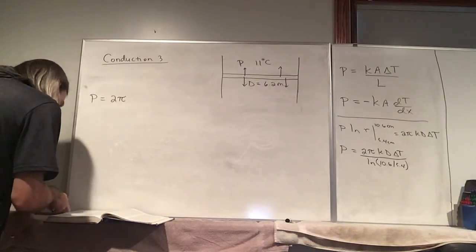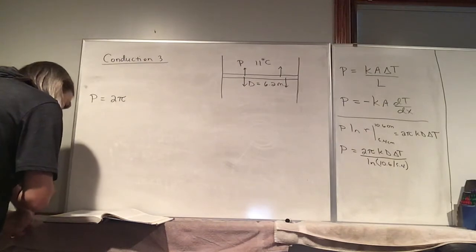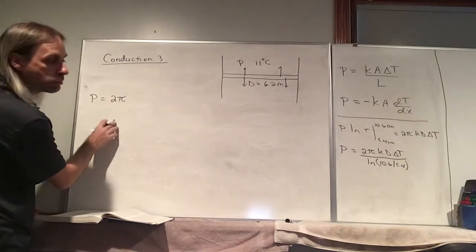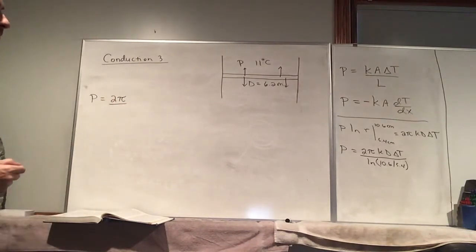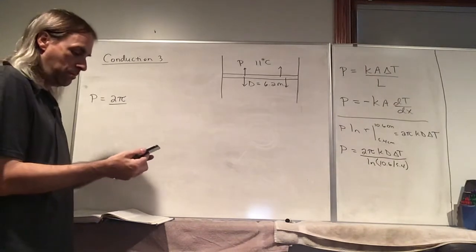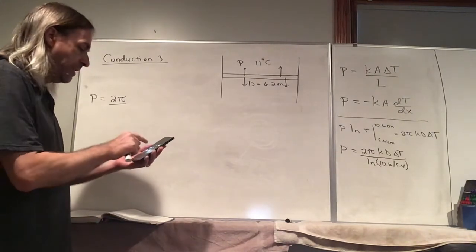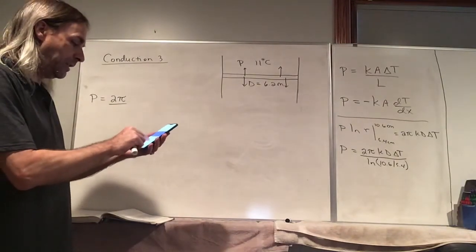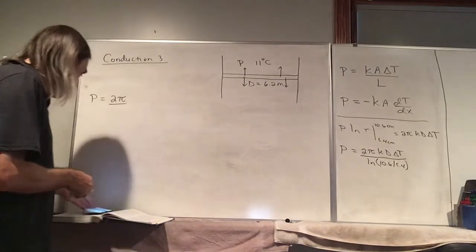What was K? I think it was 0.048. Yeah. Now let me take this logarithm first, because that's just a number. So the natural logarithm of 10.6 divided by 5.4 is 0.67.